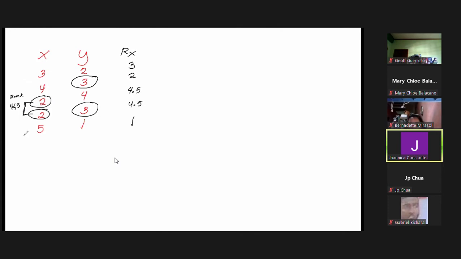So that is the rank of our 2 in the set of values of x. So rank 4, the set of values of y. First is 4, followed by 3. Since we have 3, and the next rank for the first one is 2, it will be between rank 2 and rank 3.